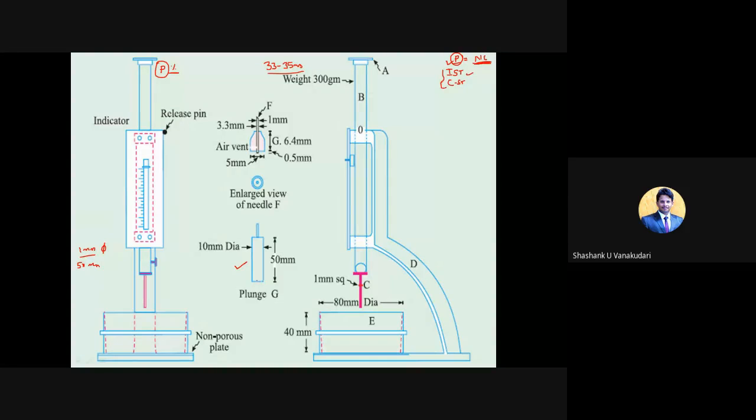Here the plunger diameter is 10 mm. Do not get confused. Plunger diameter is 10 mm, whereas needle diameter is 1 mm, and length will remain the same in both needle and plunger. So this plunger is used to conduct the normal consistency test and this needle is used for the initial setting time test.